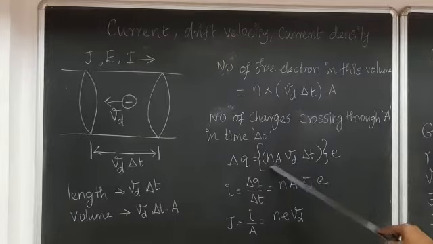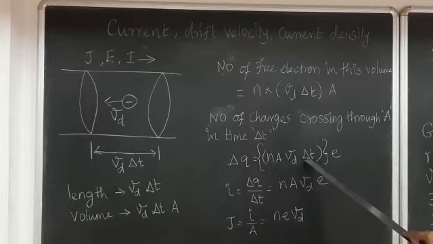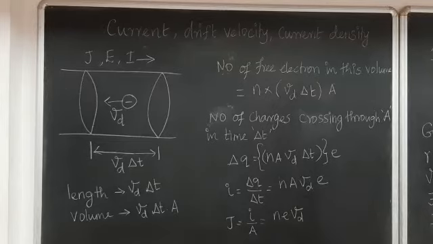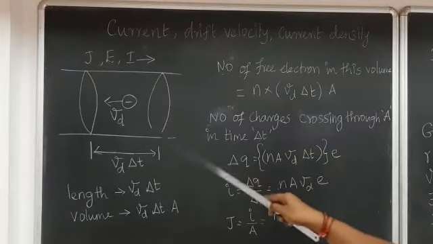Therefore, dividing this equation by delta t, the delta t cancels and we have I equal to n A Vd e.